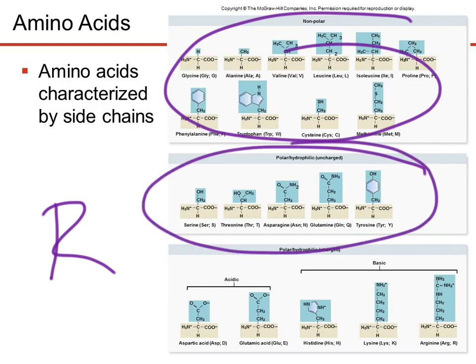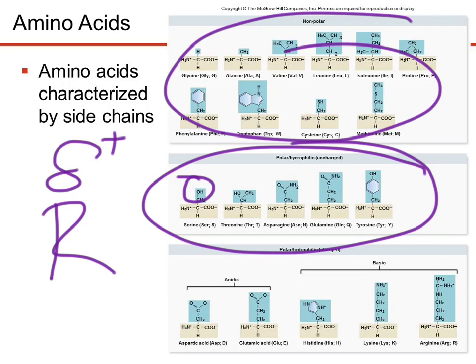These guys are called polar, and they're also called hydrophilic. They're also called uncharged. And now you're thinking, wait a minute, how can they be polar and hydrophilic and uncharged? And what that means is if you look down, there's no negative or positive charge on the side chain. But there is that delta positive or negative charge that we talked about on those side chains, because look right here, there's a hydroxyl group.